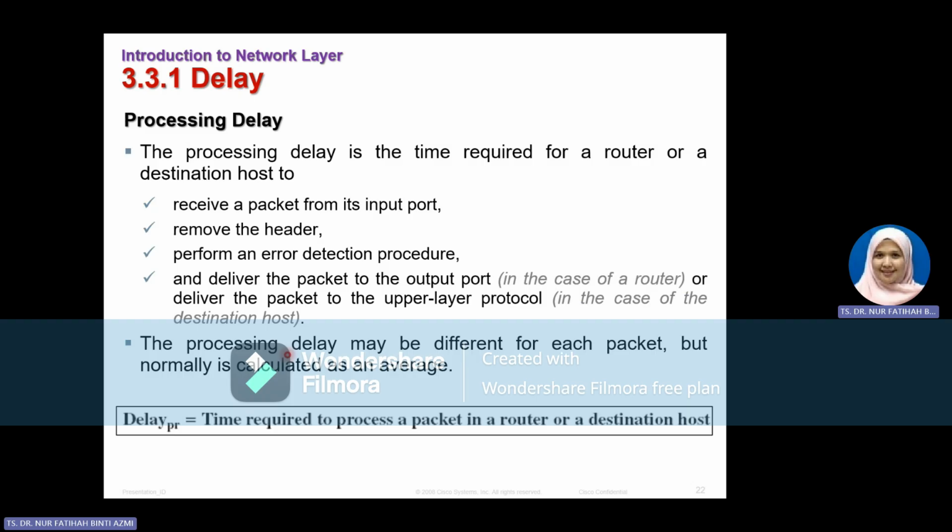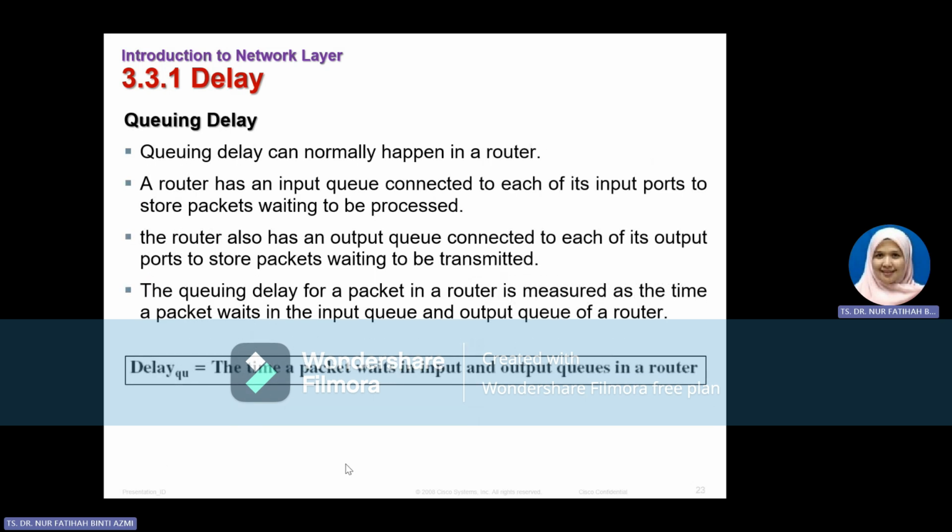The processing delay may be a little bit different for each packet, but normally it is calculated as an average. So processing delay is equal to the time required to process a packet in a router or a destination host. As for the queuing delay, it is the time a packet waits in input and output queues in a router.